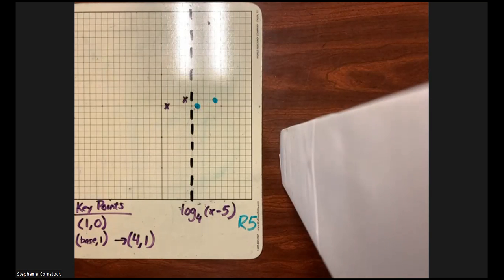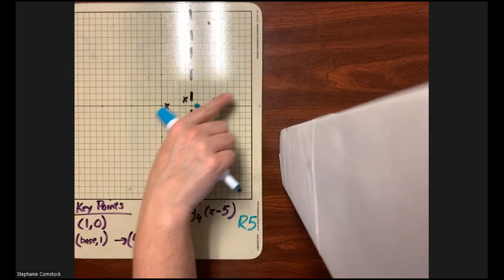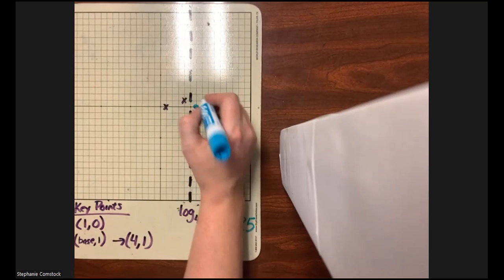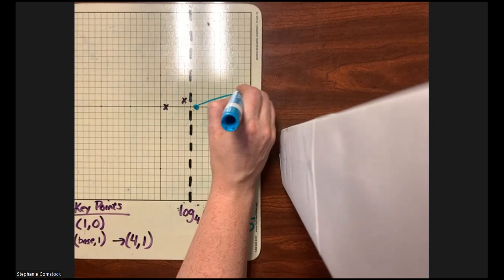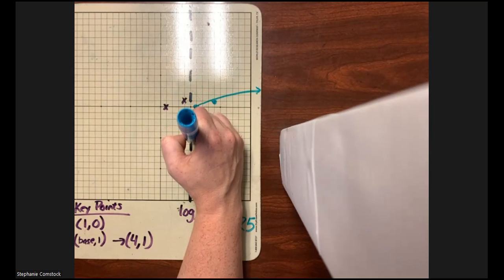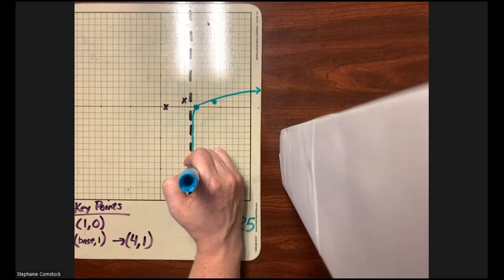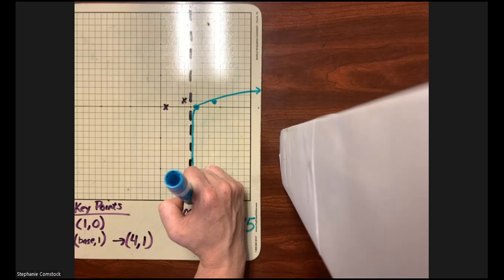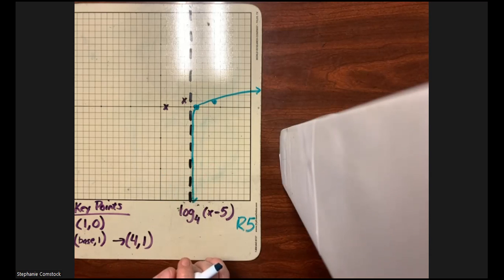Now, my graph, these two dots look like they're going kind of up a hill that way. So I'm going to arch them up a hill that way. And then I know that I have to have a taper tail against that asymptote. So I'm going to drag my taper tail this way. So there is my basic graph shape.